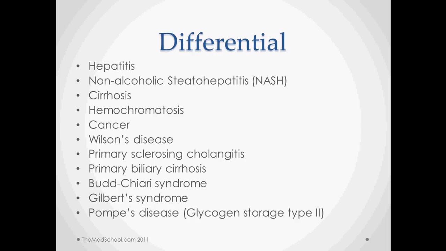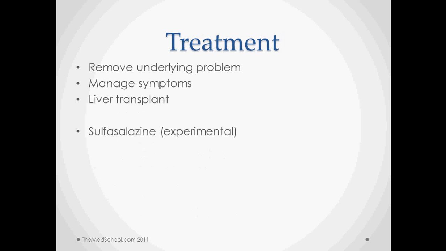Primary sclerosing cholangitis, which we mentioned under the autoimmune, as well as primary biliary cirrhosis. Budd-Chiari, which we mentioned. Gilbert syndrome is a problem with bilirubin metabolism, which usually is asymptomatic. And Pompe's disease we usually associate with heart problems, but is also a problem with the liver as well.